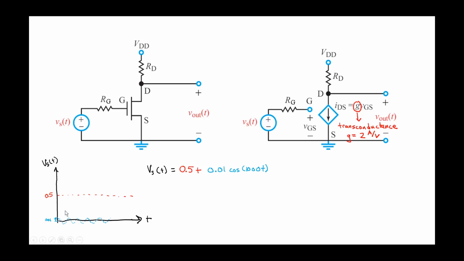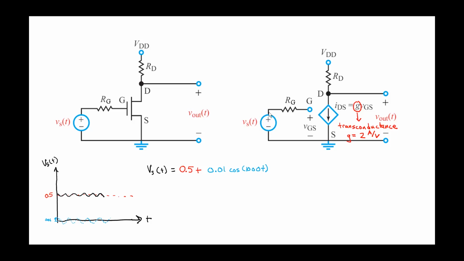Okay. So it's this little sine wave, and the sum of the two gives us Vs of t. So now back to black. The sum of these two signals looks like this. Looks like the cosine wave brought up, level shifted up to 0.5 volts. Okay, so that's that voltage that we have here.